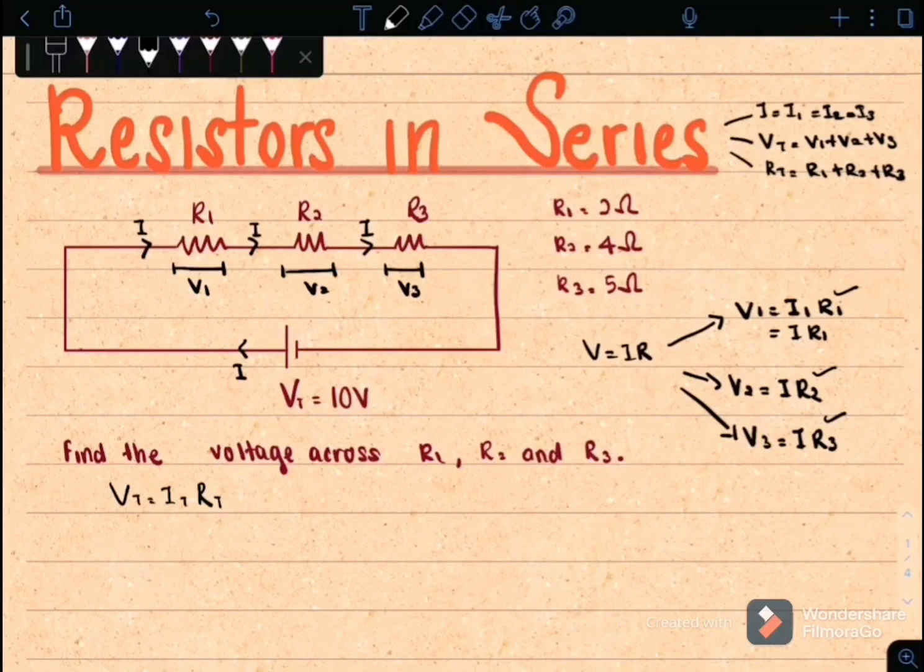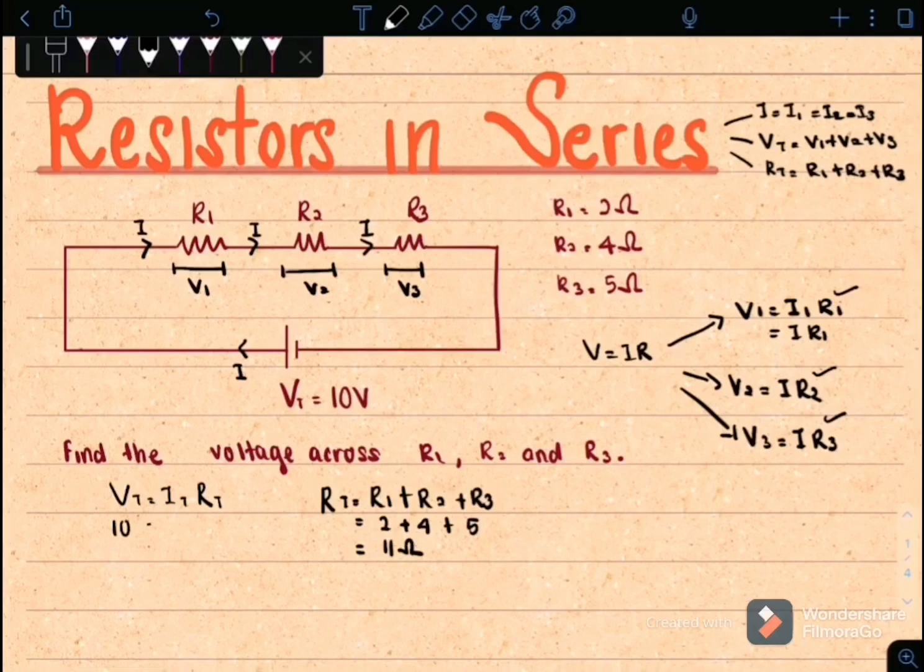So I know my V total, and my R total can be found using the equation for resistor in series, where R total is equal to R1 plus R2 plus R3. So I will end up with R1, 2 ohm, plus 4 ohm, plus 5 ohm, and I'll get a total of 11 ohm as my R total.